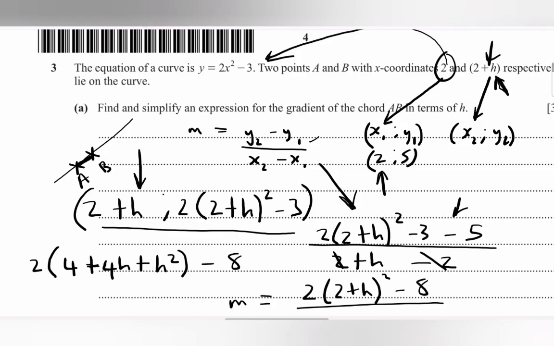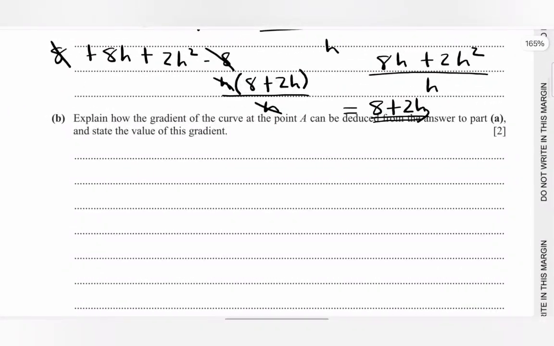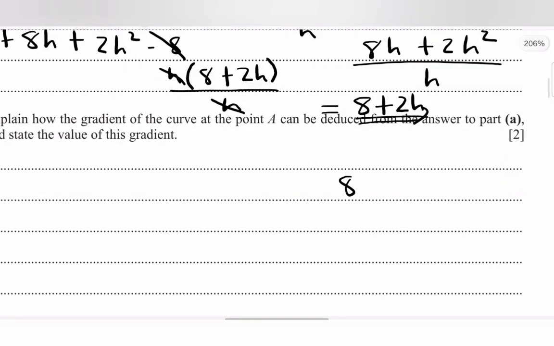When h is 0, it's at 2, and when h is slightly above 0, we get 2 plus h. So we'll be saying our h is approaching 0, and if our h is approaching 0, we can substitute it for 0 in this case. So 8 plus 2 times 0, we get the gradient to be 8.